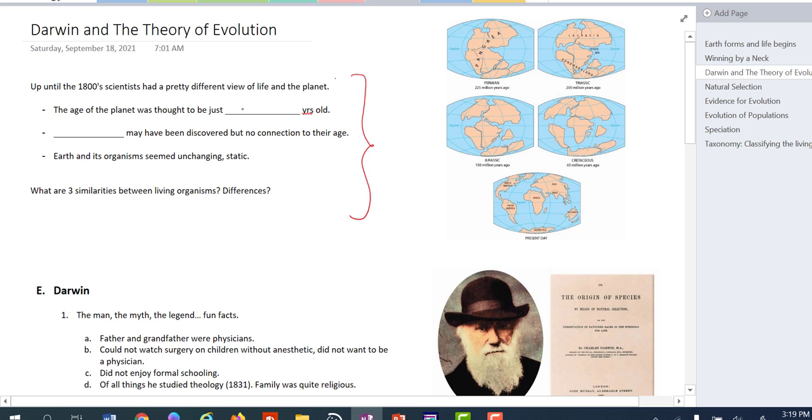At that time in the 1800s, most thought that the planet was just around 6,000 years old. I don't know if there's differences on that number, but long and short of it, compared to what we know today, they didn't think the Earth was very old.